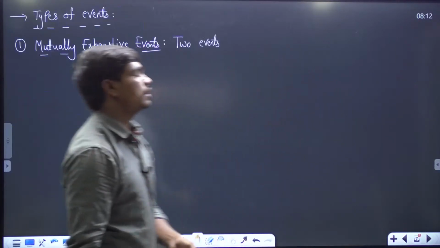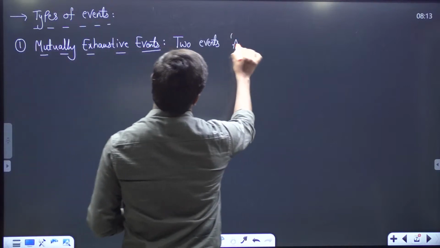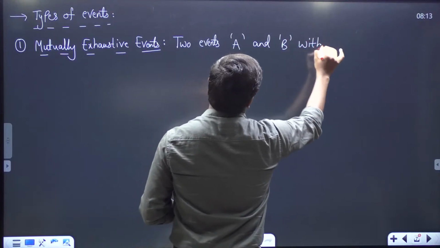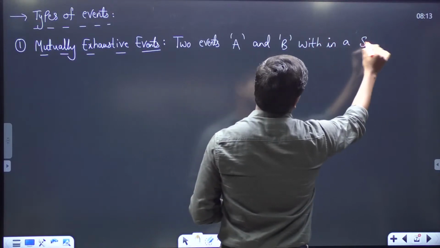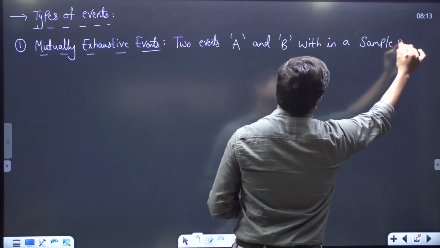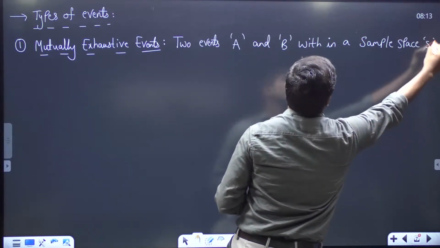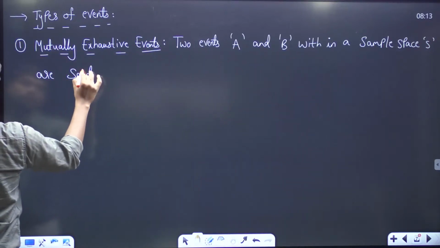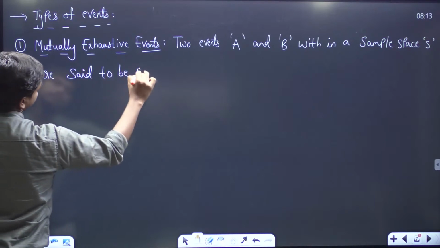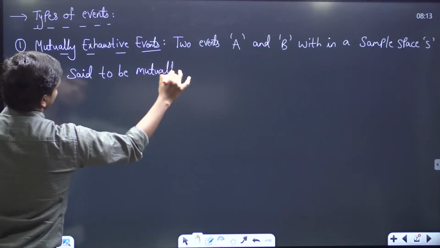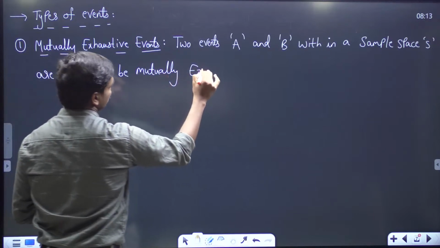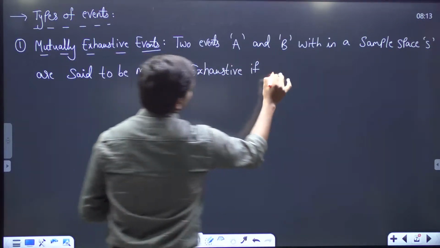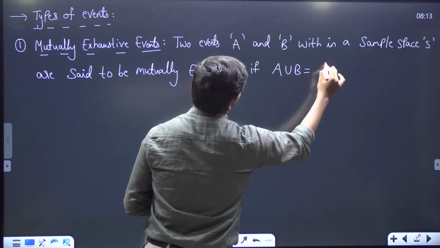Next, see here, two events A and B within a sample space are said to be mutually exhaustive, because we are talking about exhaustive events, if A union B is equal to the sample space.